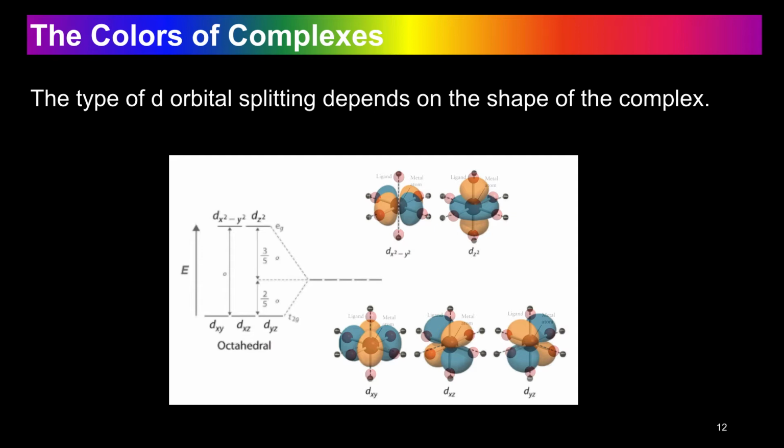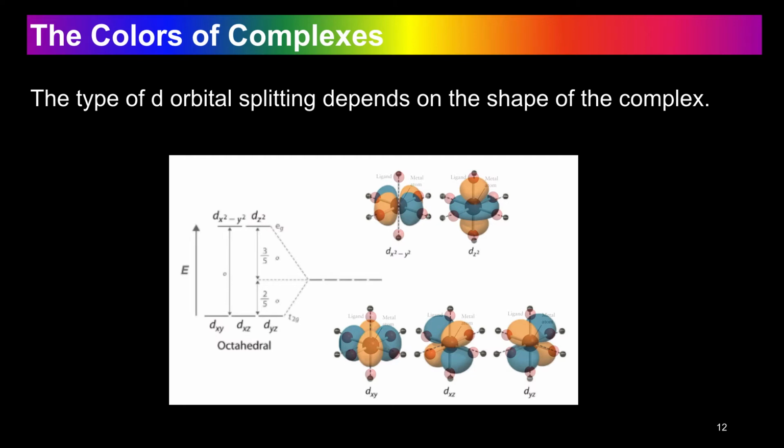For octahedral complexes, there are 6 ligands donating electrons to the metal ion to form coordinate covalent bonds. The d orbitals split into 2 different levels. The splitting of the d orbitals into different energy levels comes from the electrostatic interactions between the electrons of the ligand and the lobes of the d orbitals.